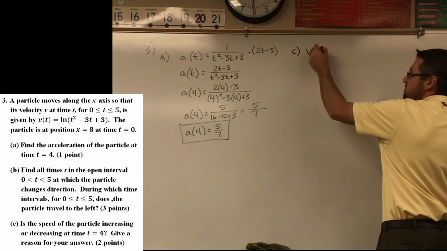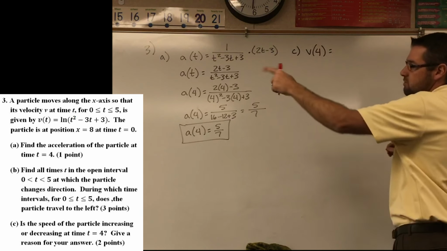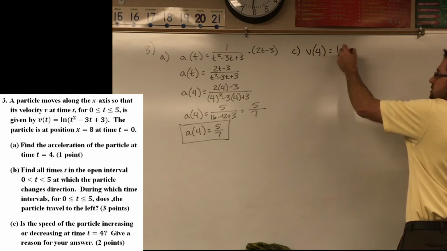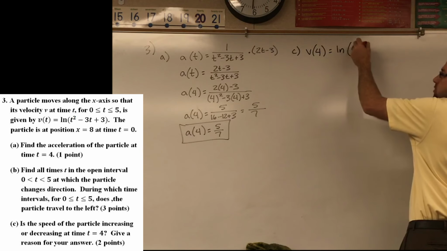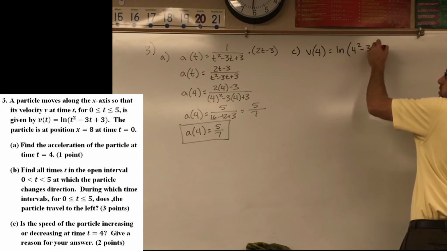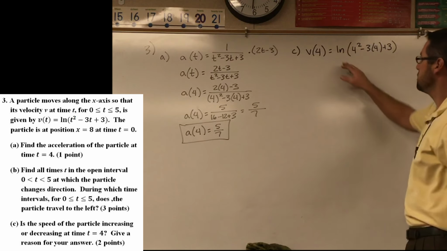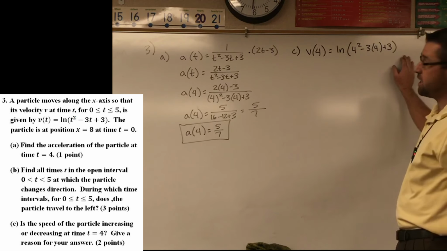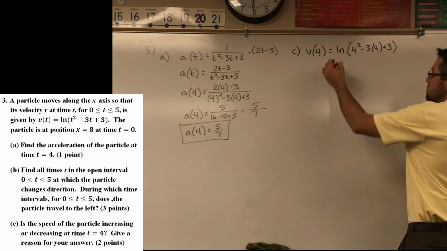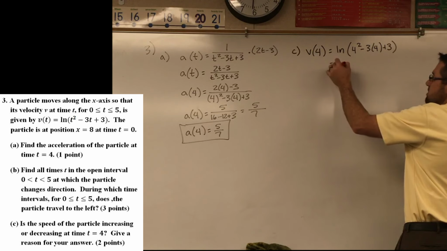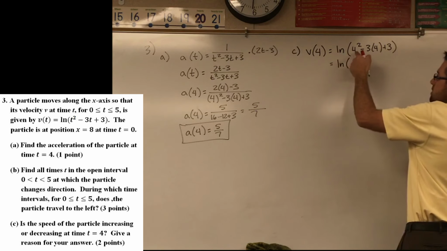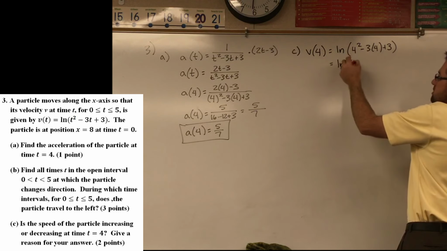So we have to evaluate v of 4. Well, v is given, so we're just going to plug that in. The natural log of 4 squared minus 3 times 4 plus 3. And you can use your calculator just to evaluate the function that you have in your y list already at t equals 4. You can do that. I'm going to simplify this a little bit, do it analytically. So that would be 16 minus 12 is 4 plus 3 is 7.